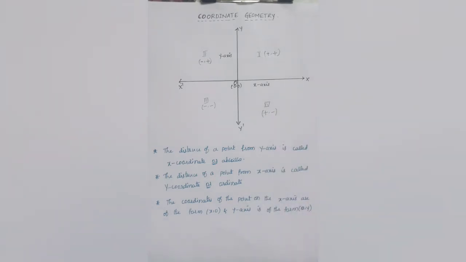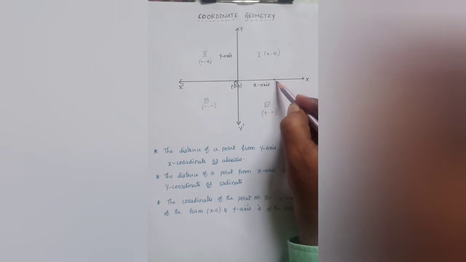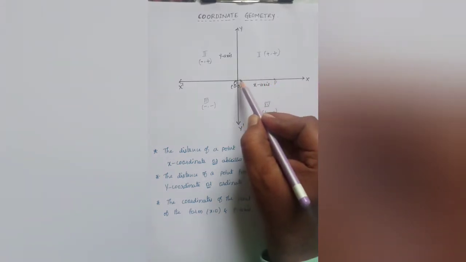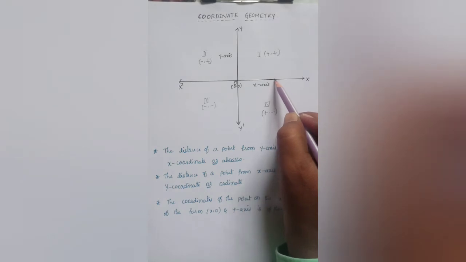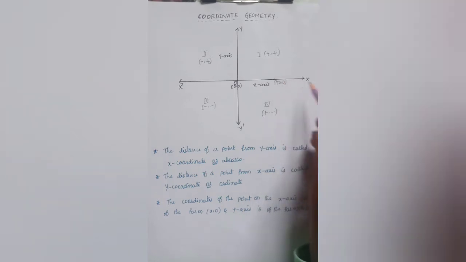Now, the distance of a point from the y-axis is called the x coordinate. If you take any point here, say P, this distance will be the x coordinate. If the point is on the x-axis, suppose this distance is x, the coordinates of this point will be x comma 0, the y coordinate will be 0.